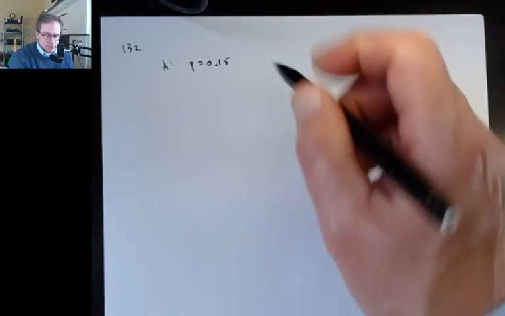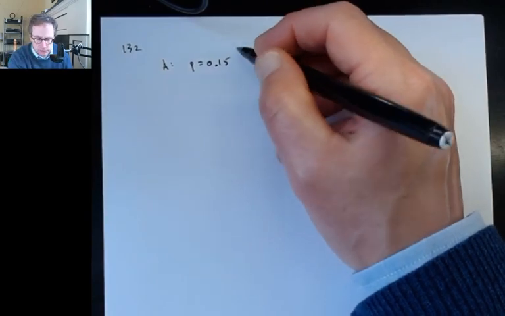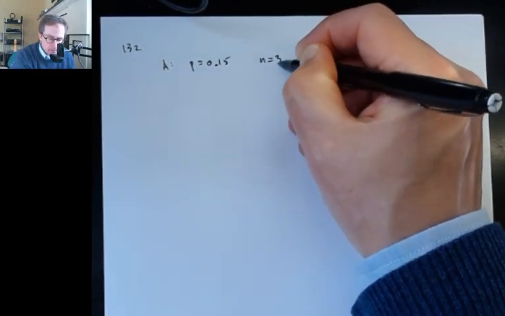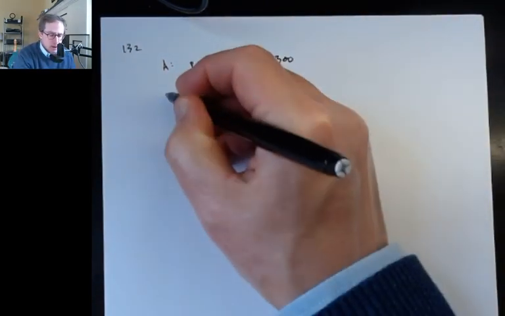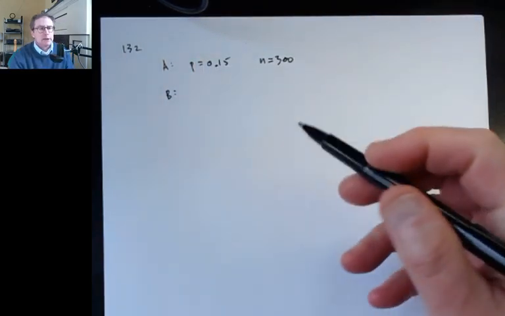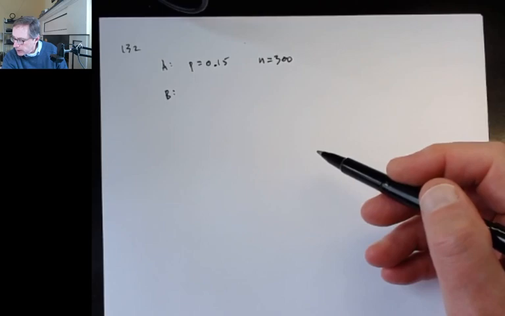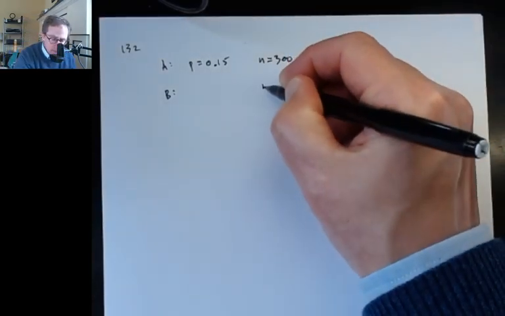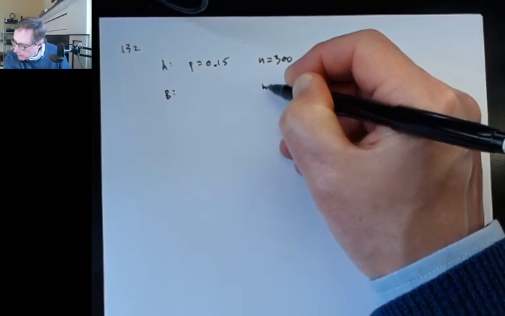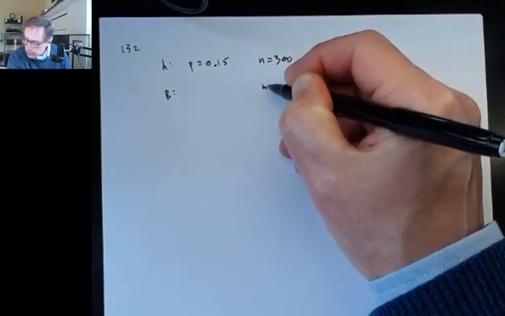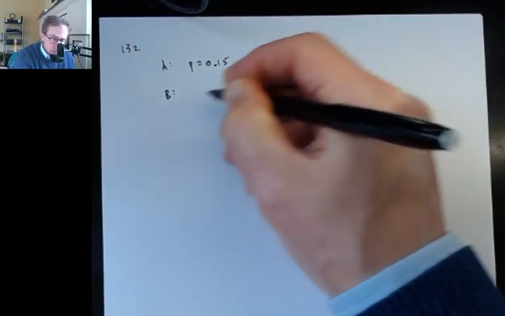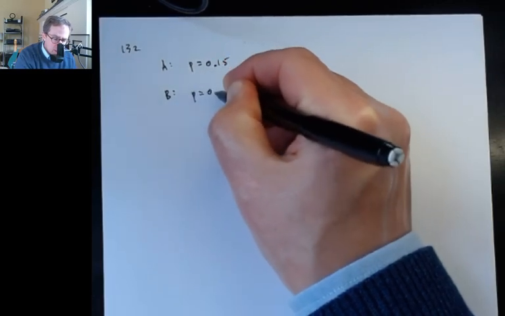And a sample of size 300. And population B, and again, you can imagine it's men and women, for example. So population B is going to be a sample of size 300, with p equals 0.20.